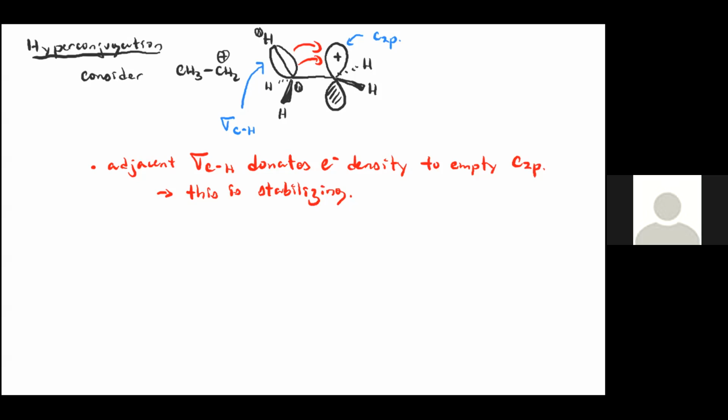And so I can generate a diagram in the same way. I'm going to put the sigma CH bonding orbital lower in energy than the C2p.